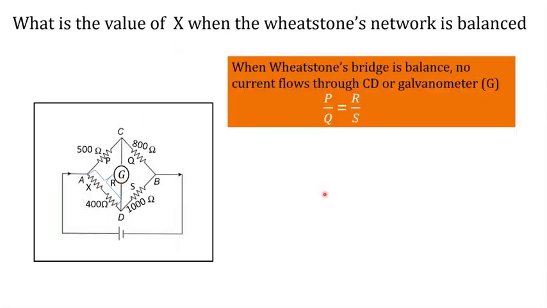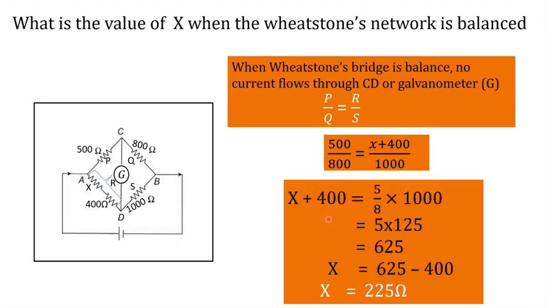When the Wheatstone's bridge is balanced, we have the formula P by Q is equal to R by S. P is 500 ohm, Q is 800 ohm, R is 400 ohm plus X, and S is 1000 ohm. By applying the formula, we can write 500 divided by 800 is equal to X plus 400 divided by 1000 ohm.